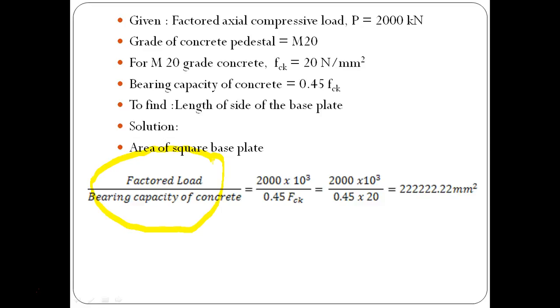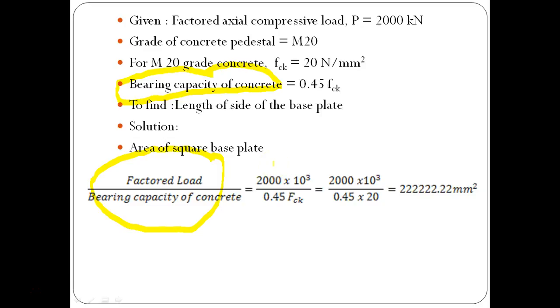The factored load is already given in the problem, and for stress, the student should understand that the bearing capacity of concrete, that is 0.45 FCK, is nothing but the stress in our problem.